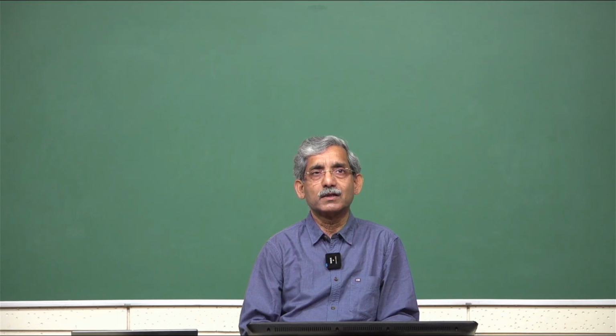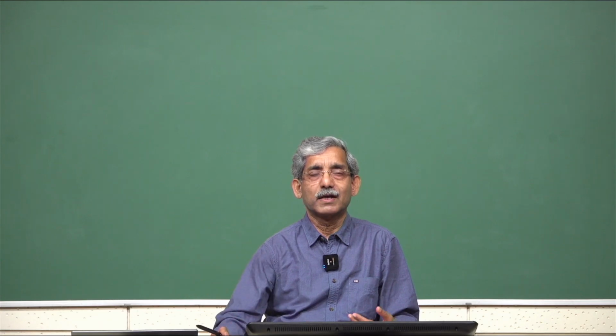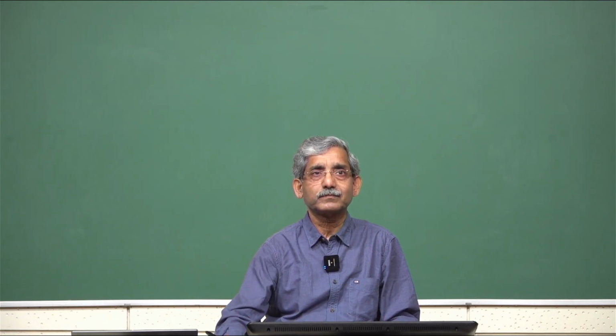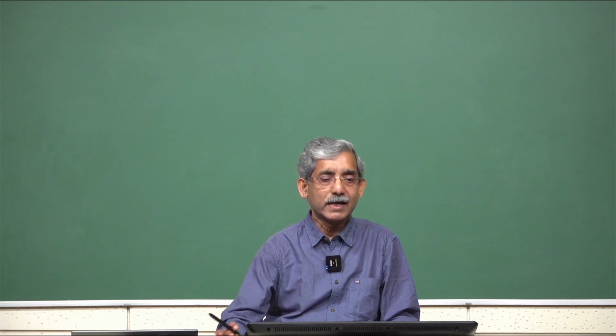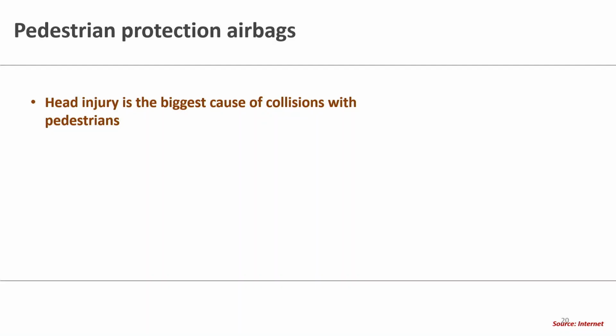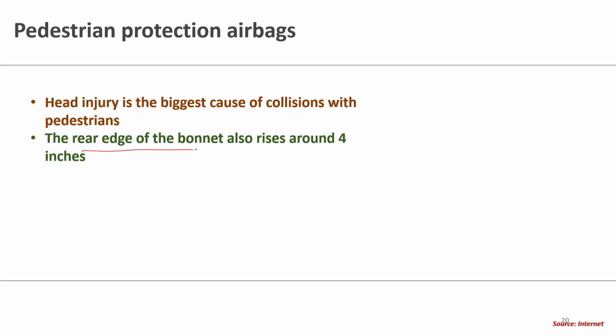Another important airbag is the pedestrian protection airbag. These are basically for protecting the pedestrian from getting hit by the car. Head injury is the biggest cause of death when a pedestrian is hit by the car. So, the rear edge of the bonnet also rises about 4 inches.